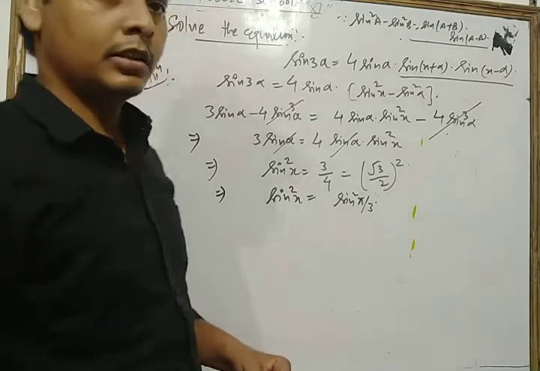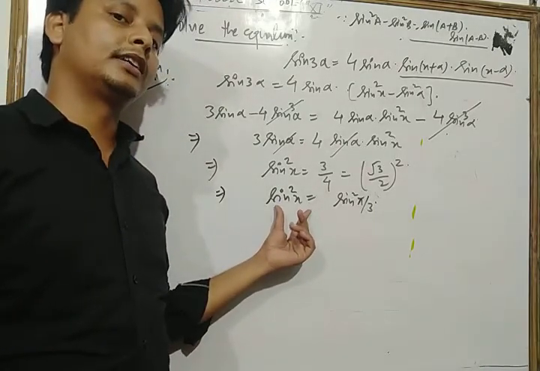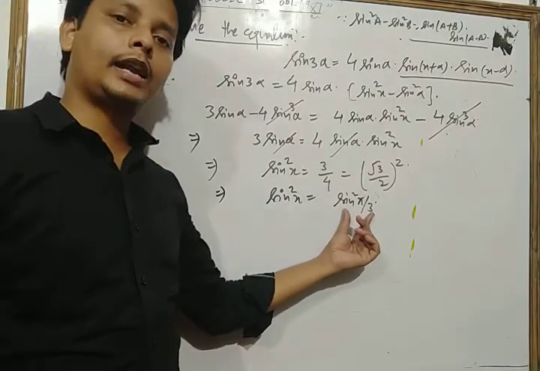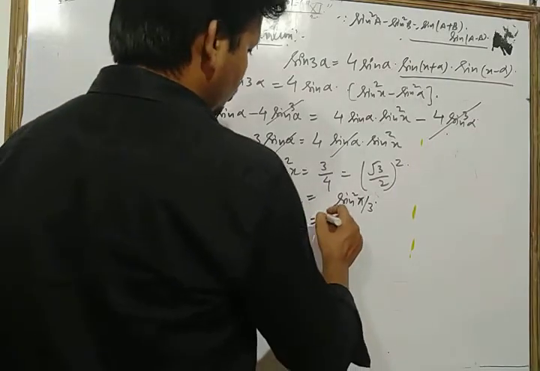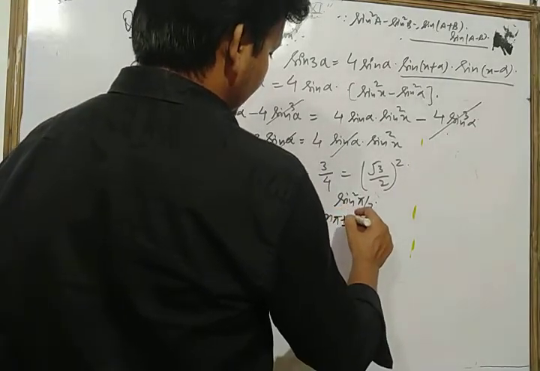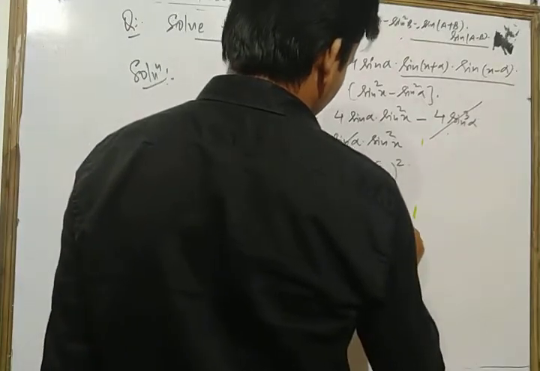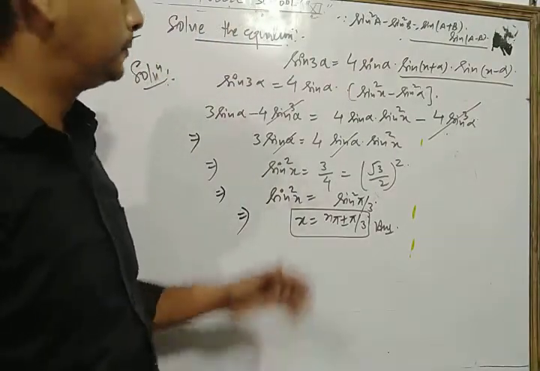So dear students, this is a trigonometric equation of the form sin square x is equal to sin square alpha, so its general solution will be x is equal to n pi plus minus alpha, that is pi by 3.